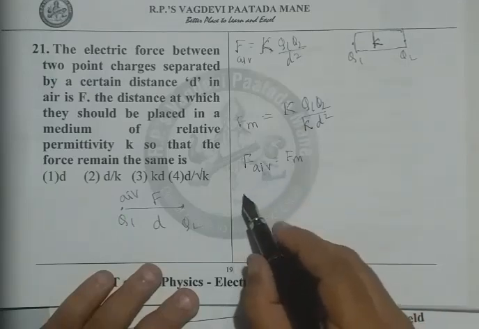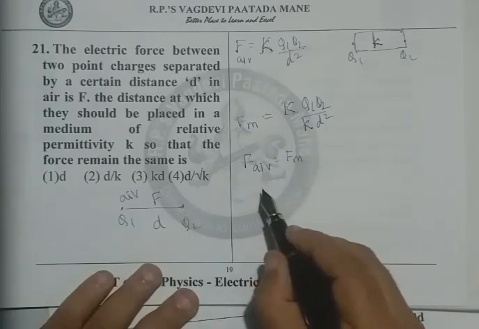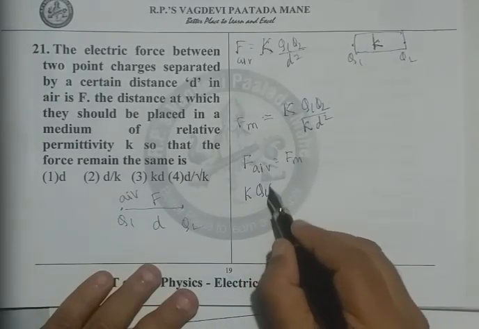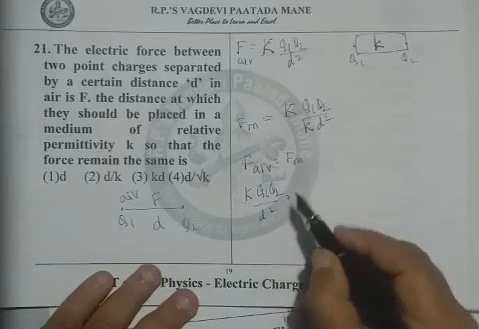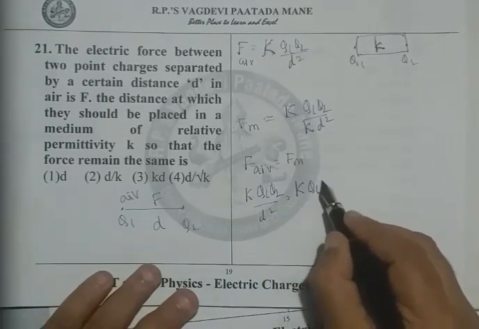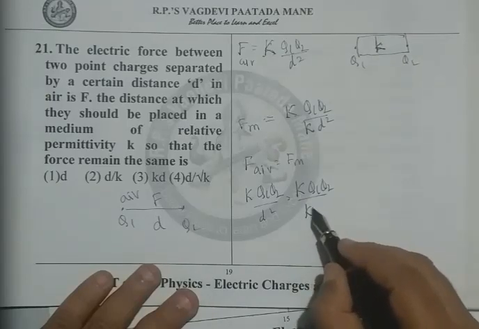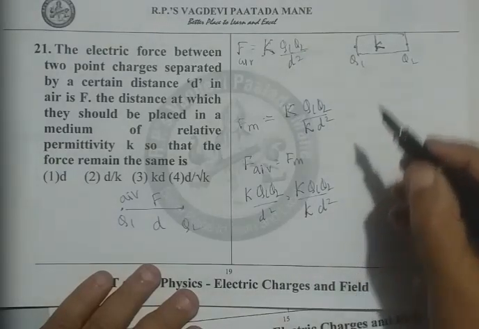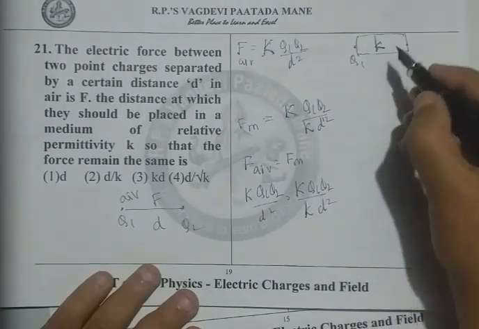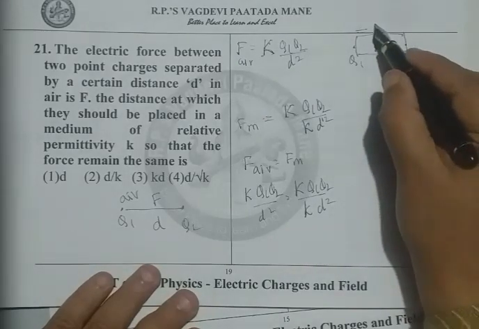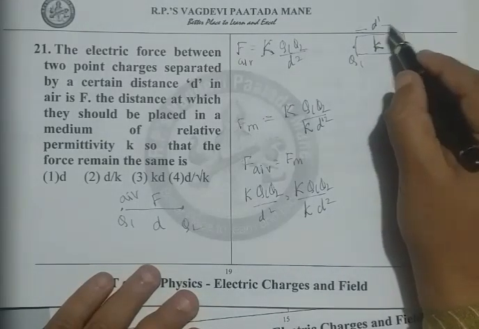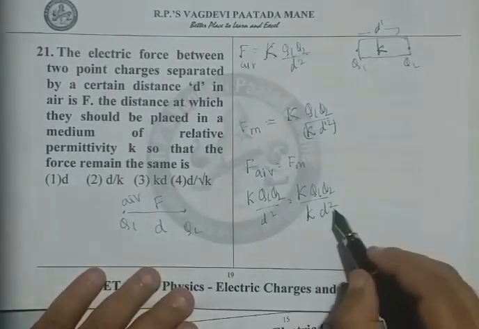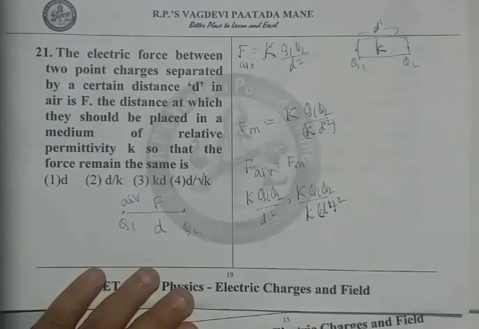From these two, by cancelling all those things, we substitute first, K Q1 Q2 by D square, equals K Q1 Q2 by small k D dash square, where D dash I take as the distance in the medium.